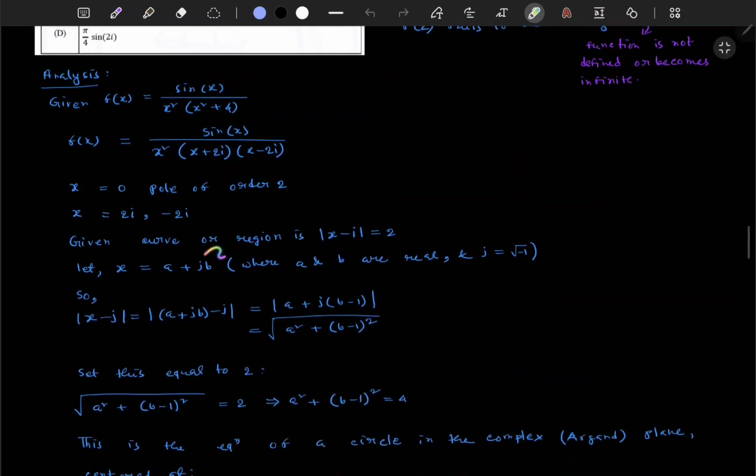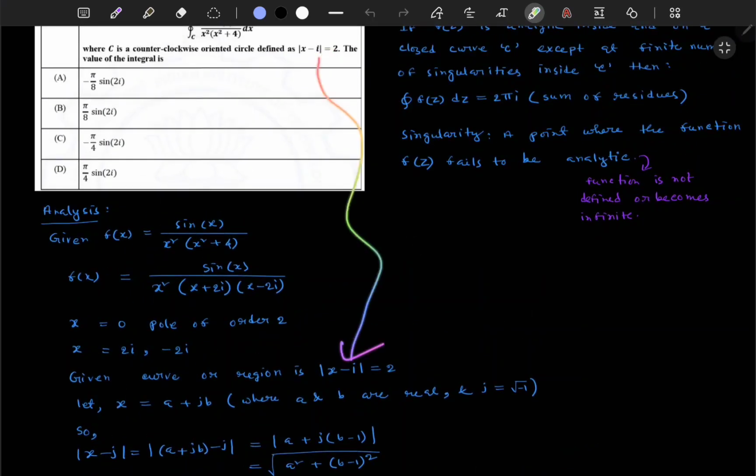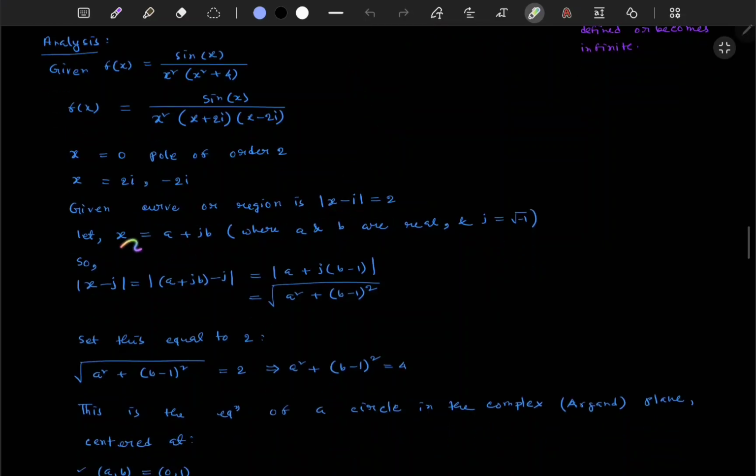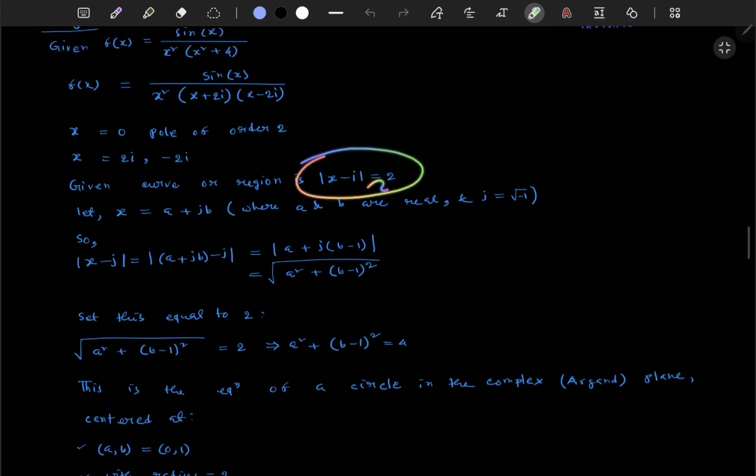Then the given curve is given in the question. Let x equal to a plus ib, where a and b are real, so x minus j is given here and we can write it in this format. Now the mod value will be this; set this equal to 2, as given in the question.